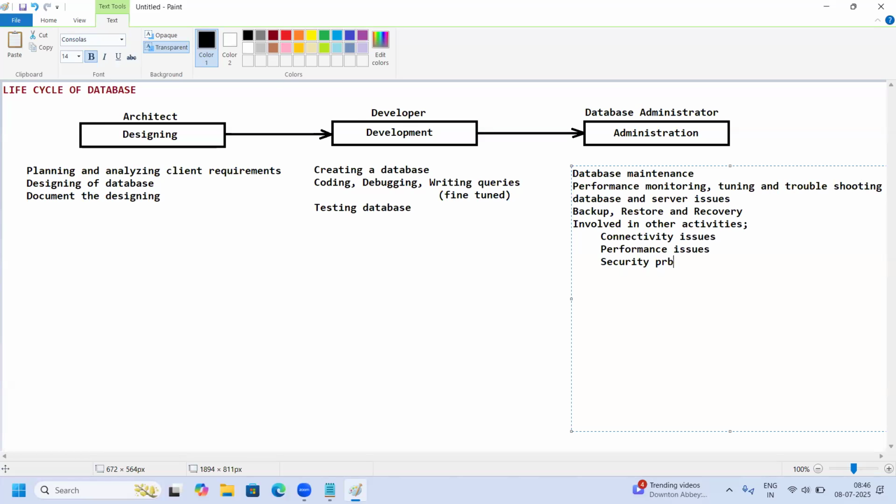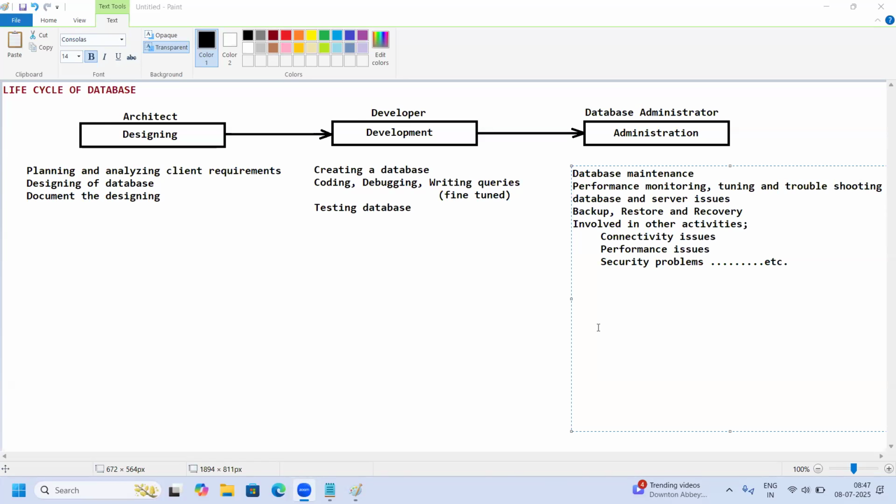Security problems. Okay? Security problems, connectivity issues, performance issues, etc. These are the responsibilities of whom? DBA. He is involved in these activities.